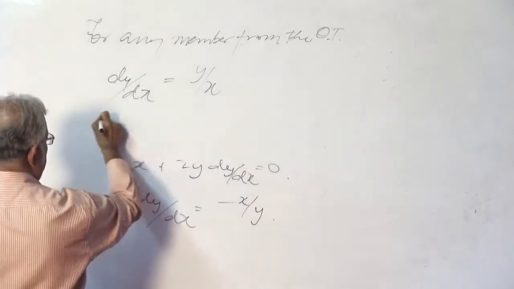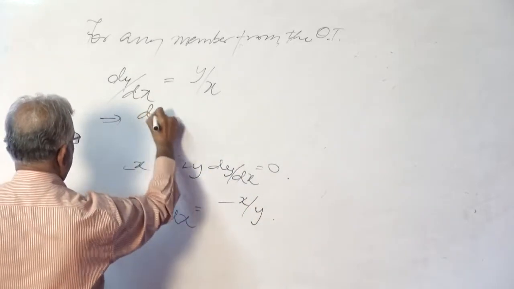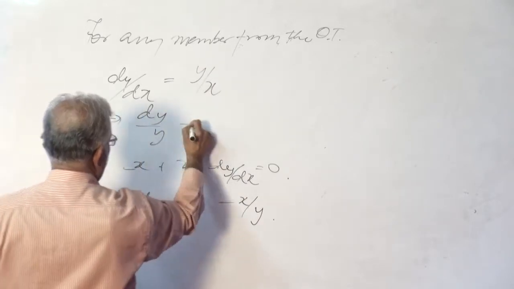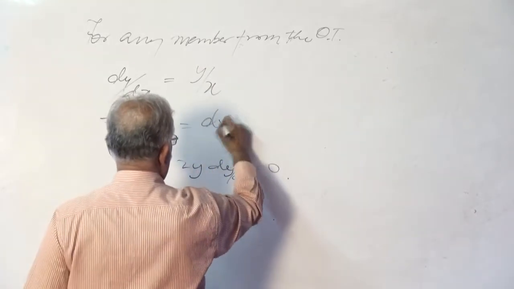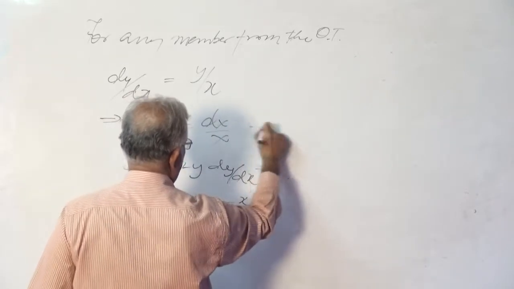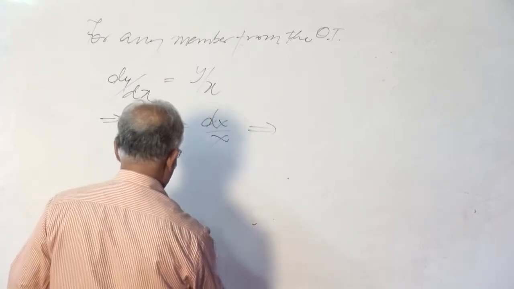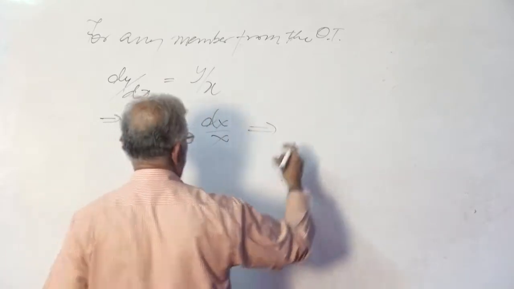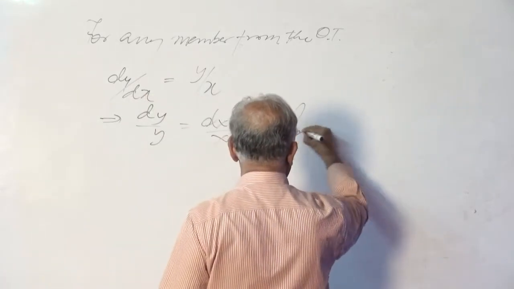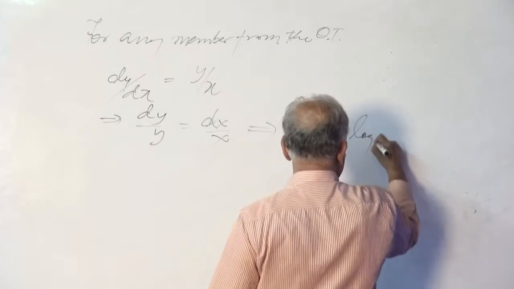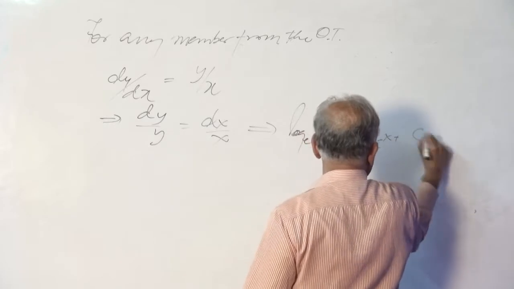This tells us dy over y is dx over x, and this implies log y is log x plus c.